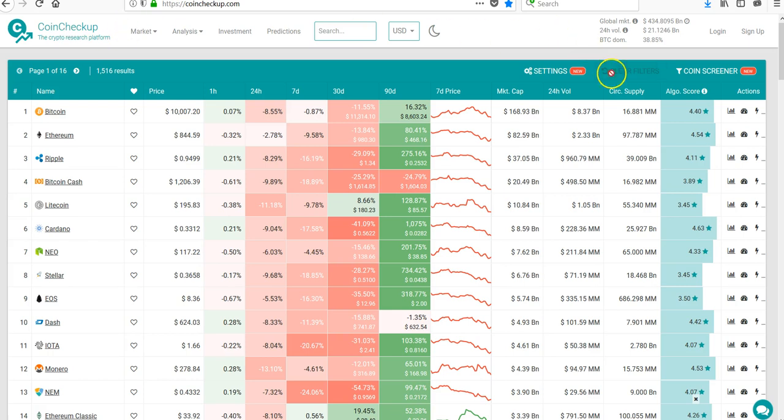When you look at the 24-hour volume, make sure you're involved in a coin that has at least $1 million of trading volume in a 24-hour period. Anything less than that is not liquid enough for you to exit that trade at any point if you wanted just to get out. You might get stuck in some of them that have very low 24-hour trading volumes. So just keep that in mind.